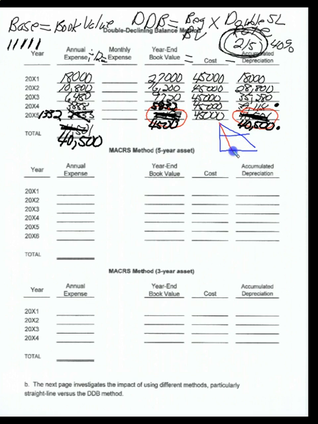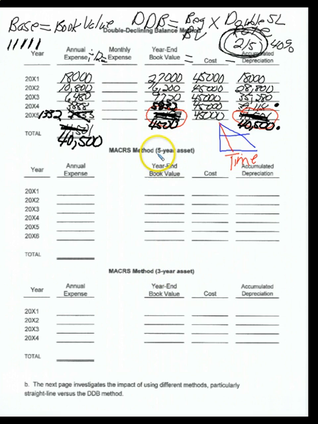It would be something like this, over time, where a normal accelerated method would stretch out to here, MACRS gives it a shorter life, and so it's very fast. Because it's so very fast, MACRS is not allowed for financial statement purposes. The FASB disallows MACRS for generally accepted accounting principles. So a company does not have the option of using MACRS on the income statement.